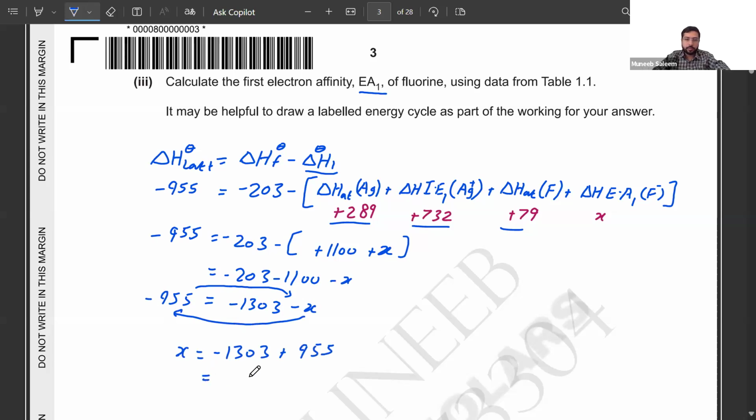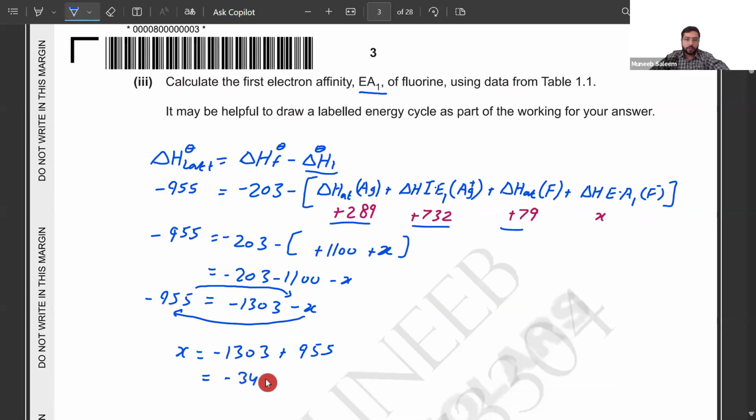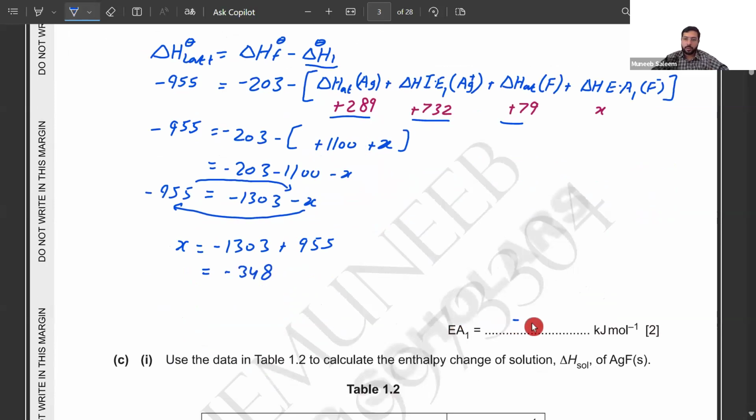So the value will become minus 348. So that's the final answer, minus 348.